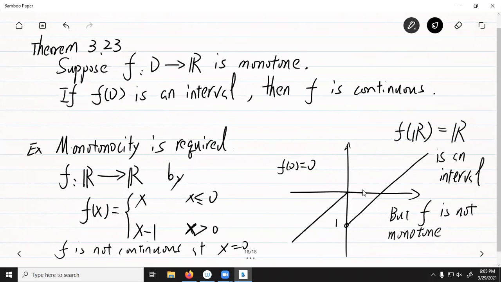So from this example, monotonicity is required in this theorem. We stop here, and next time we will start to prove this theorem. Any questions for this topic?